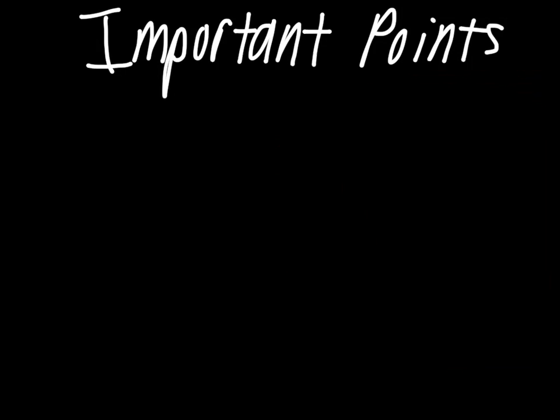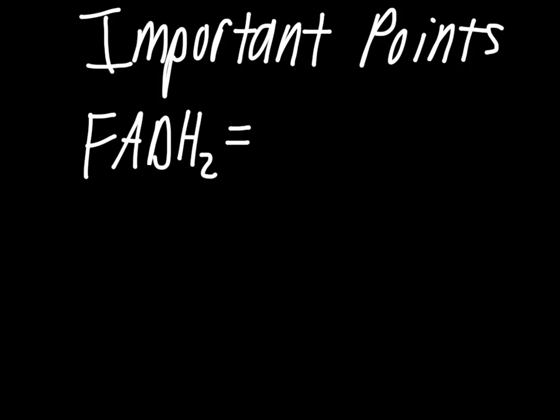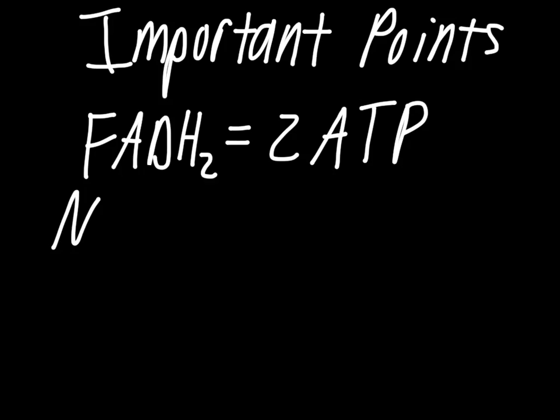Just to give you a couple of important things to remember, some important points: FADH2 equals 2 ATP. And remember, this is once it gets to the electron transport chain, where these things are then converted into energy. NADH is going to differ.